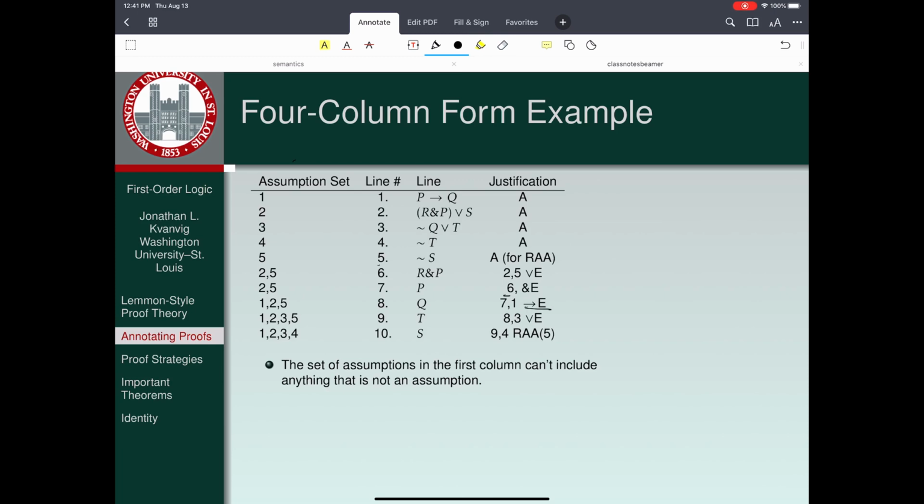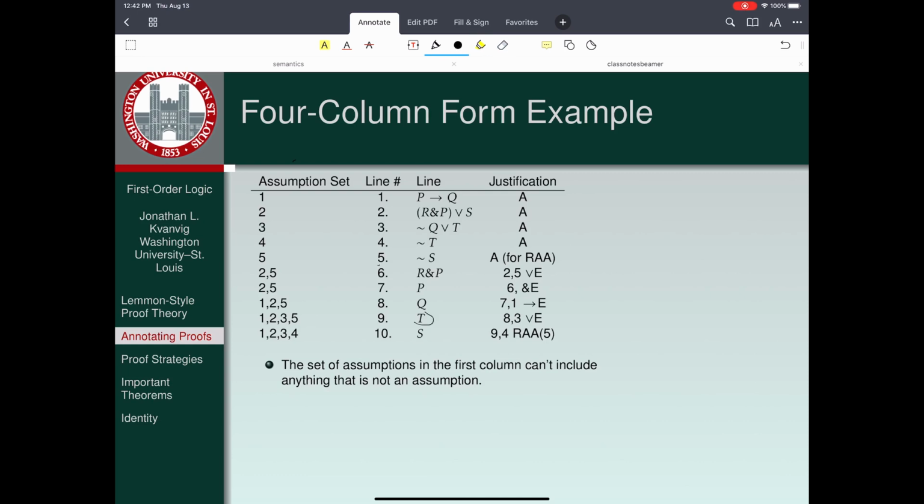If I have Q, then I can use line 8 with line 3 to do wedge elimination, giving me T. And that's what I was hoping to do. When I made the assumption of not S at line 5, I was hoping to get a contradiction. I knew I had to get a contradiction. I didn't know which contradiction I was going to get, where it was going to appear, but I finally got one.